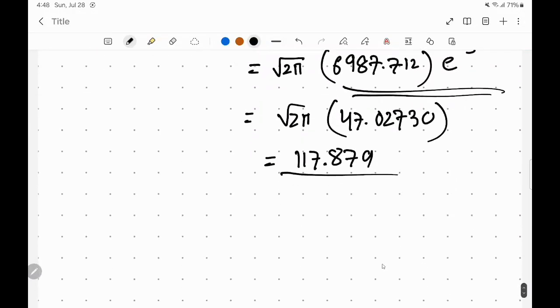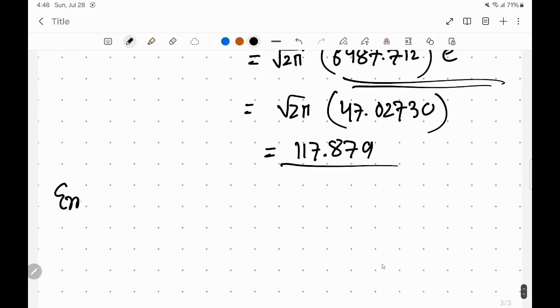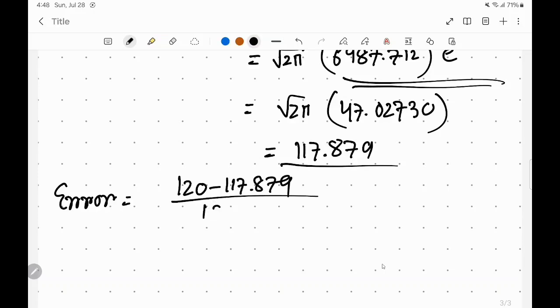If you calculate the error, the error will be 120 minus 117.9 divided by 120, so 2.1 divided by 120.